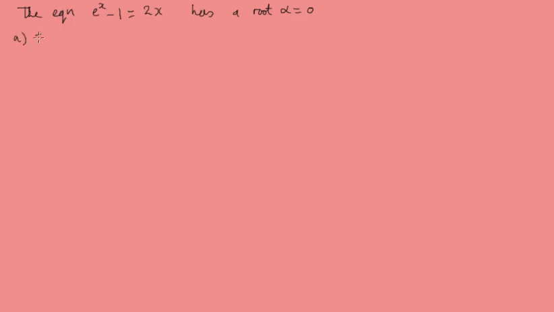So firstly, show by calculation it has another root beta such that beta is between 1 and 2.